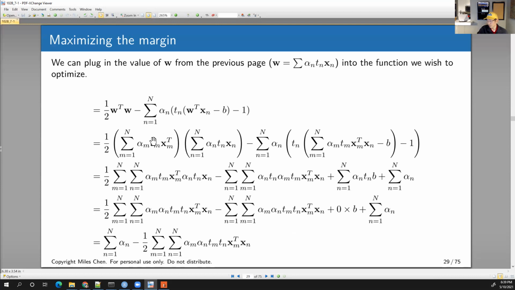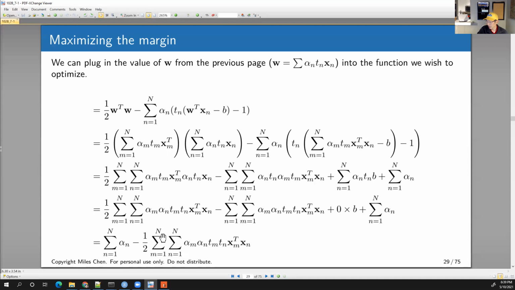All right, anyway, you go through this, you can follow this, you don't have to. It simplifies. A lot of these terms cancel out when you take this full product and this full product over here. Some of the terms cancel out, and some do not.